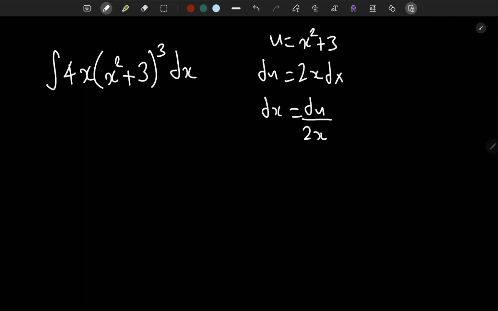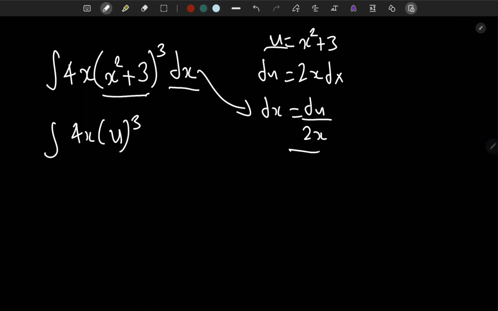So we have 4x, and now we wrote this as u, so we have to do u cubed, and then dx, we need to replace it with this part over here, so du over 2x.